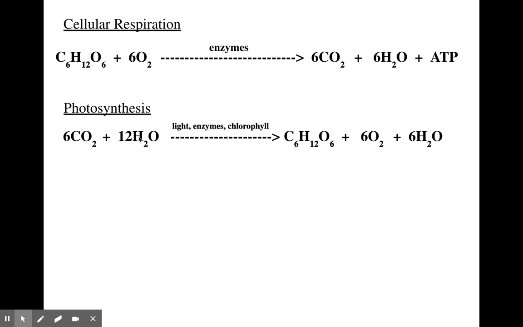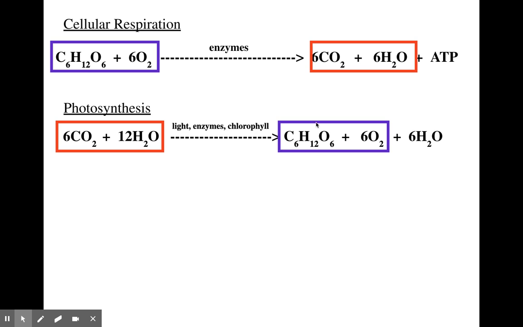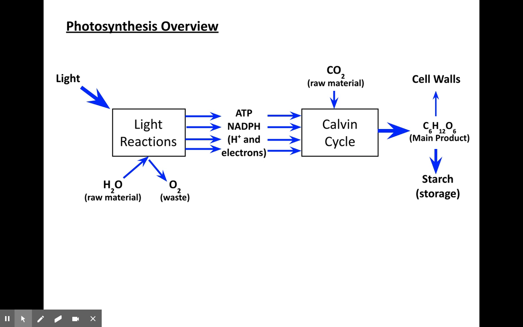So it's like water has to be there. It's not necessarily being used, but it needs to be there. The main point of this, though, is that the reactants of cellular respiration are the products of photosynthesis. The reactants of photosynthesis are the products of cellular respiration.